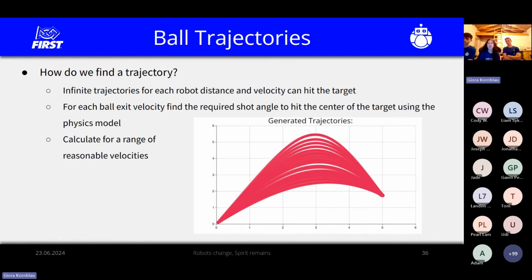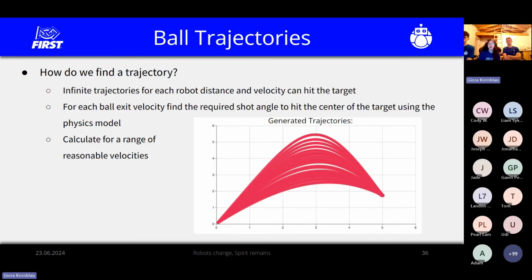Here you can see on the graph that there are many trajectories, and they would all hit the target. So what we do is calculate many trajectories for a range of reasonable velocities, but now we have to choose the best one.